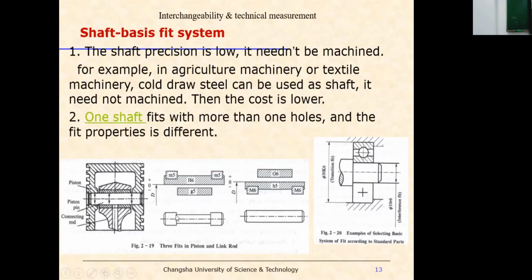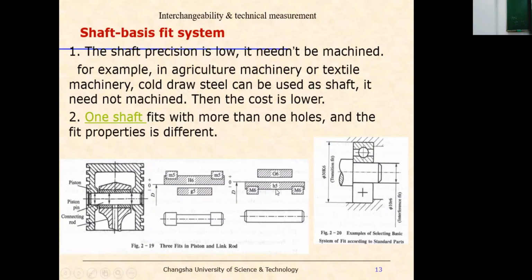So the real shaft is like this. Because this is interference and this is clearance, for one shaft the real diameter is smaller here and larger here. So for this one, it's very hard to assemble.